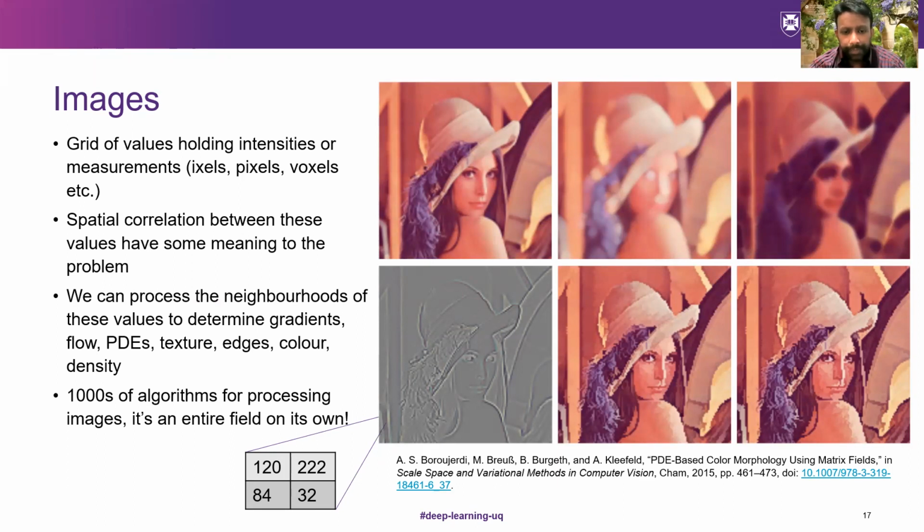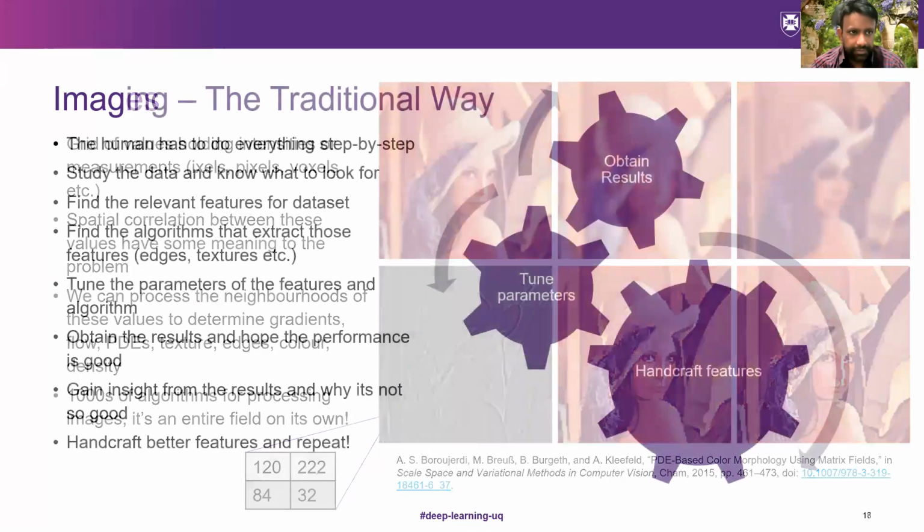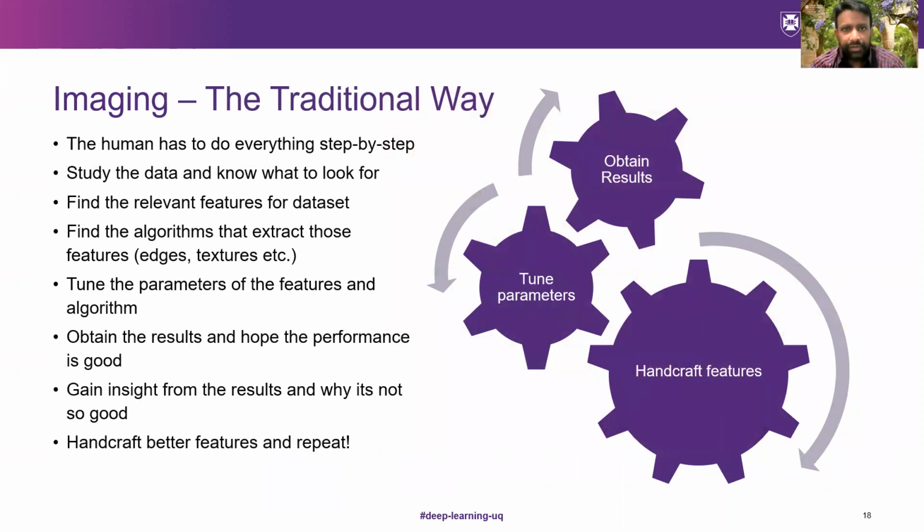So what we want to do is go beyond the low-level stuff and understand images. This is what it traditionally looks like when trying to understand what images represent. The human has to do most of the steps. We need to know what to look for, so we have some idea of what we want to look at.